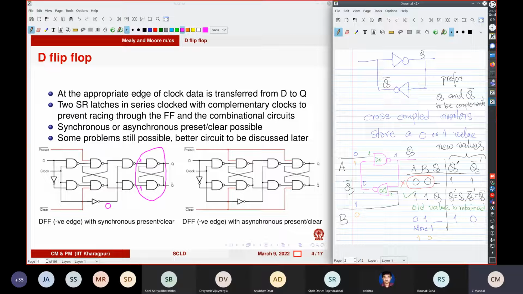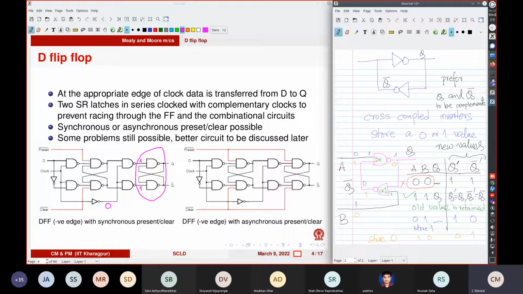This is 0, so this is a 1, and now you have 1 and 1, the output is a 0. So it is the other way around. You have a 0 and a 1. So now you're able to store 0.